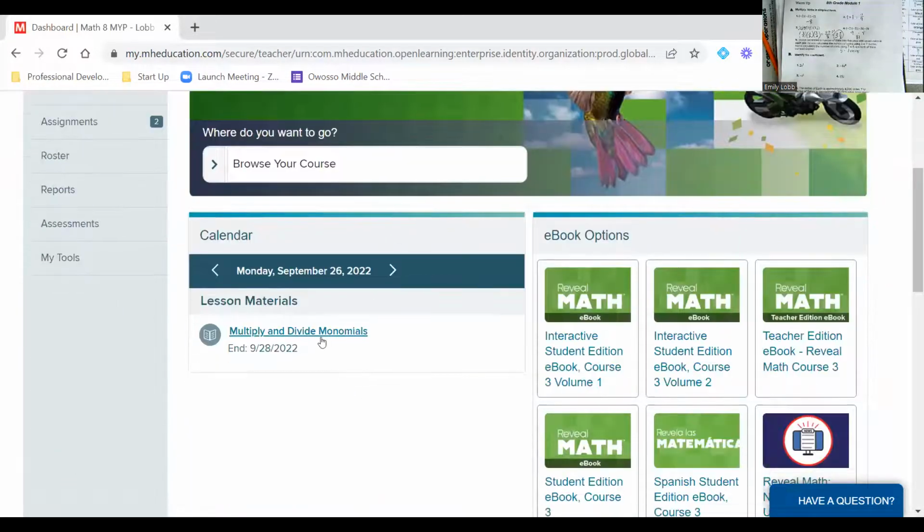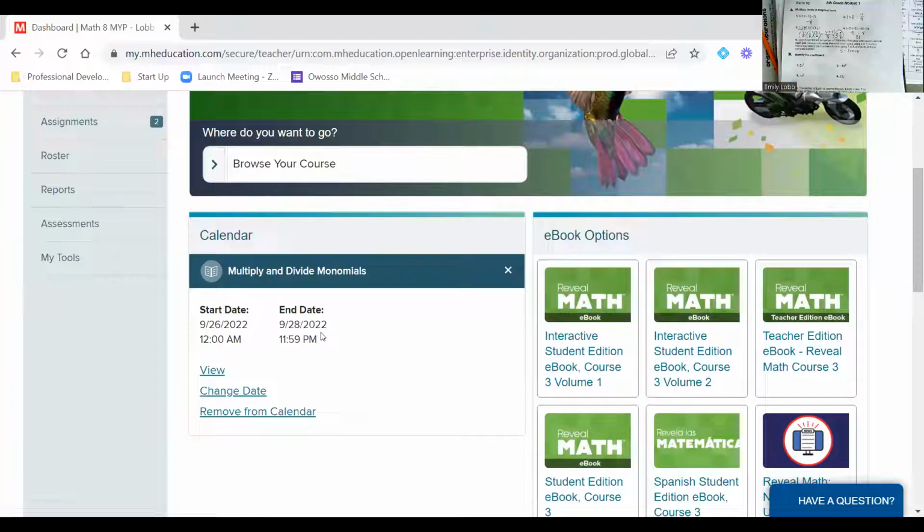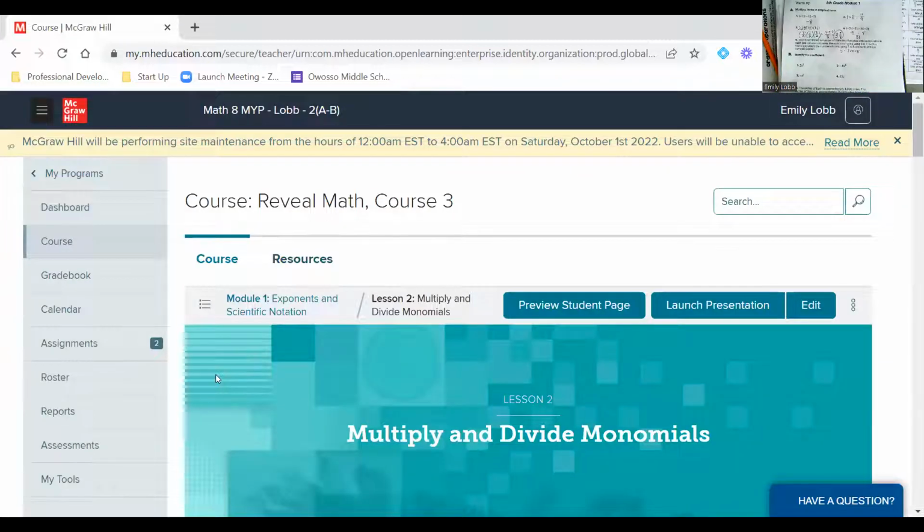We're going to start to multiply and divide monomials. So we're going to view that. You should be in your packet on page, yes, it should be 13, right? Because we completed 11 and 12 on Thursday.